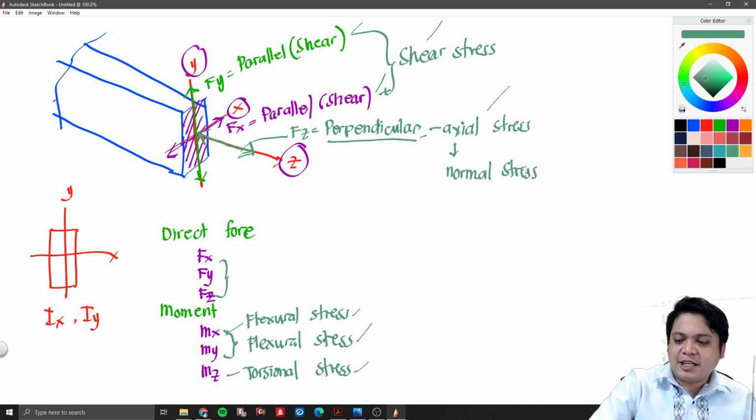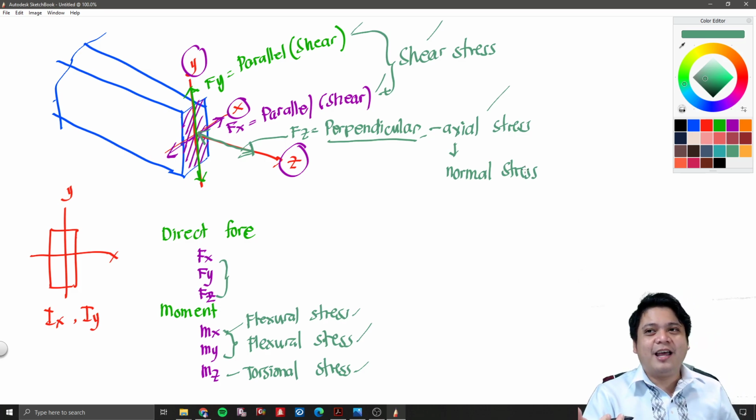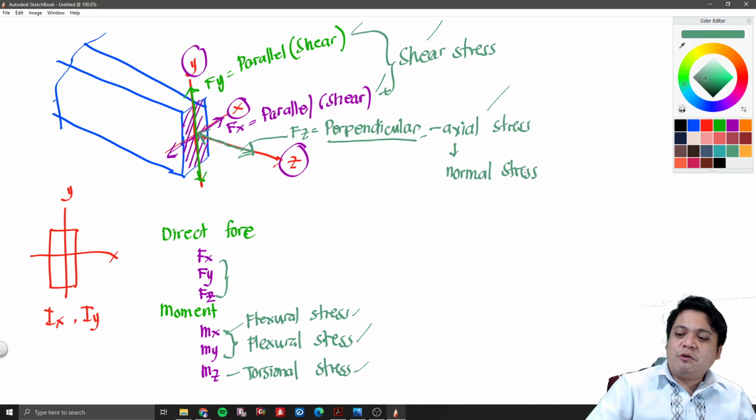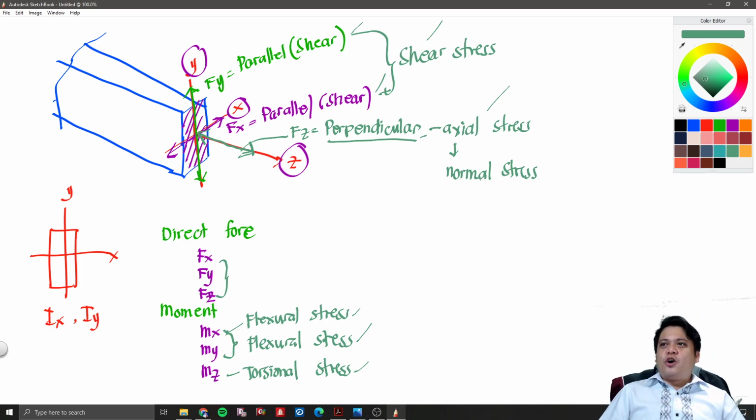Okay? In your statics, you've already encountered normal and parallel, and normal stress. Okay? So, again, we have different types of stresses: the axial stress, the normal stress, the shear stress, torsional stress, and lastly, the flexural stress.